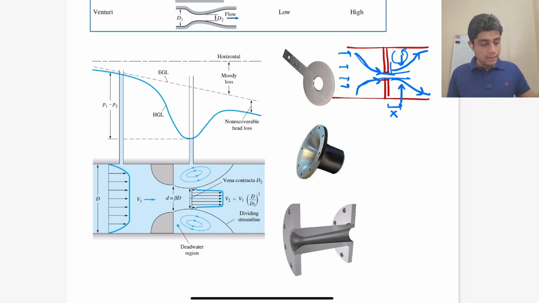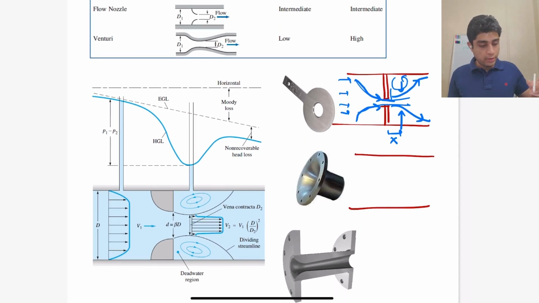So to get rid of the vena contracta so that we can reduce the minor losses, we can use a flow nozzle. In a flow nozzle, you have a streamlined contraction like this. When the flow comes in, the streamlines can basically contract smoothly.